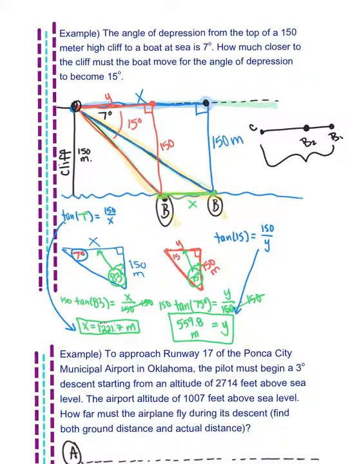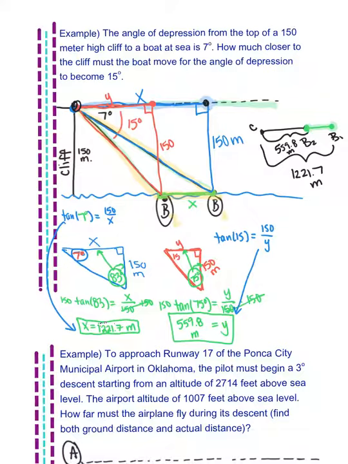Originally with that angle of depression at 7 degrees, you found that distance to be 1,221.7 meters. Then you found the second position when it had an angle of depression of 15 degrees to be 559.8 meters.